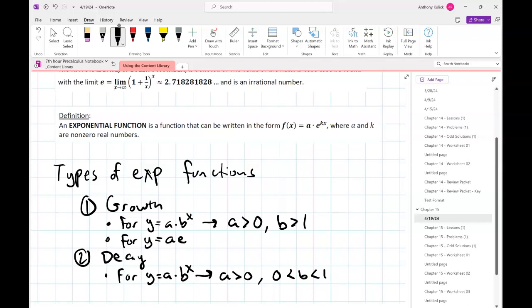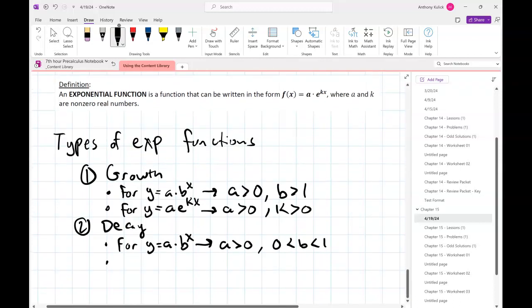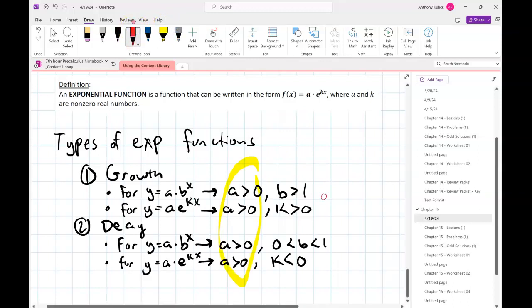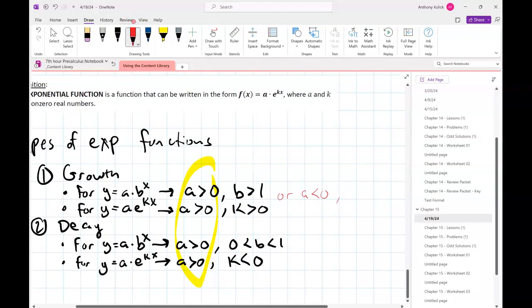If we're in this other form with the e, with a positive a, if you have a positive k value, you'll be growth. And if your k value is negative, you'll be decay. What do you think happens if we let the a be negative? Well, the criteria for the b's just flip.